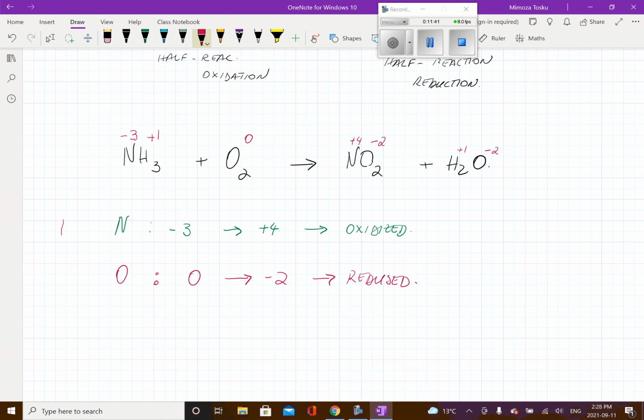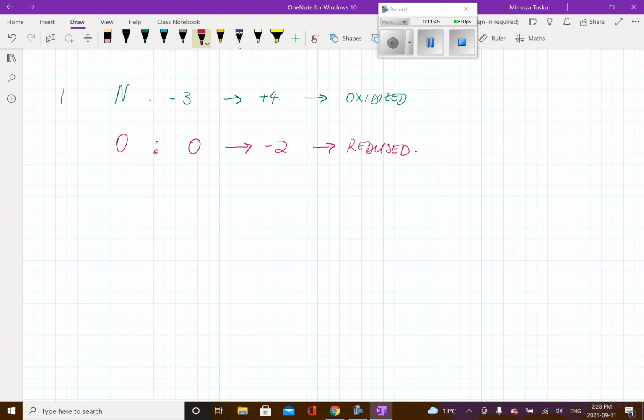Okay. So now when we are writing the half reactions for nitrogen, we will have N going from -3 to +4, which means it is losing 7 electrons. And what we have as a reaction is the oxidation half reaction.